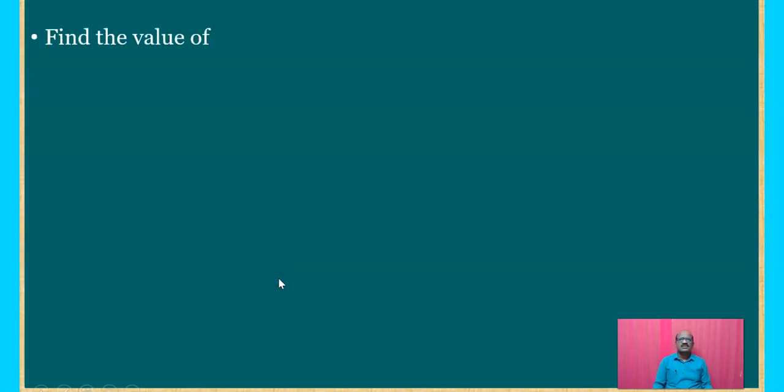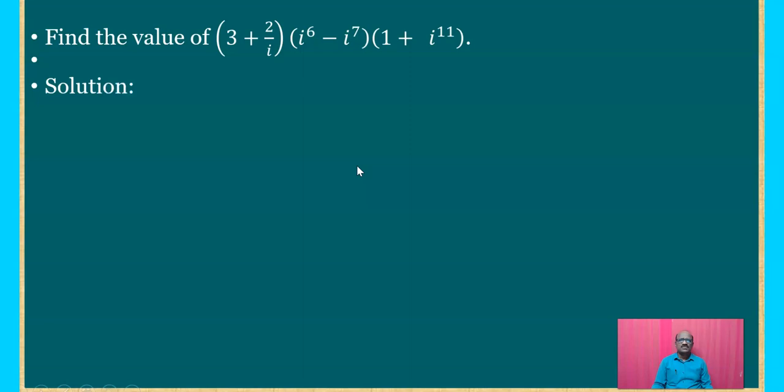Next is: find the value of, in the first bracket, 3 plus 2 upon i. Second bracket, i raised to 6 minus i raised to 7. Bracket complete. Plus in the last bracket, 1 plus i raised to 11. Solution. i raised to 6 means what? (i square) cube. i square is minus 1.